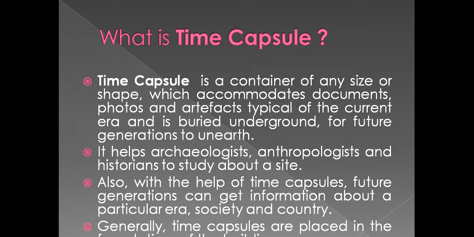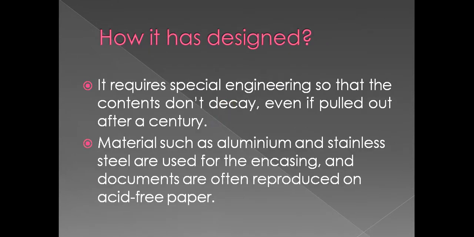Now, one thing you should note is that these time capsules are placed in the foundations of buildings. Like in the current news, we are talking about the time capsule to be placed in Ayodhya Mandir, Ram Mandir. Then how is it designed? Since it is going to be buried underneath, it should not get destroyed over time.